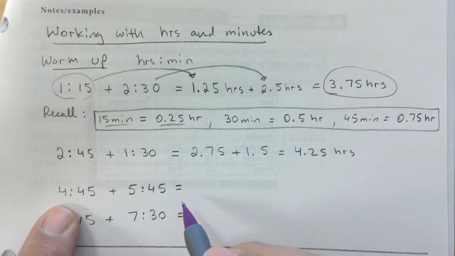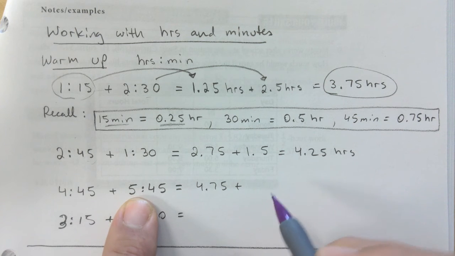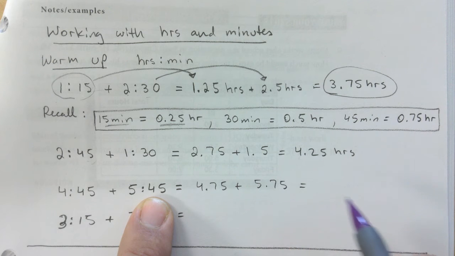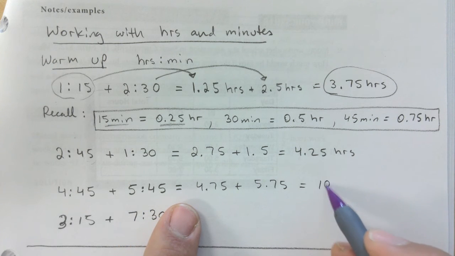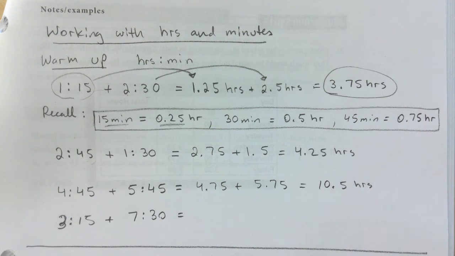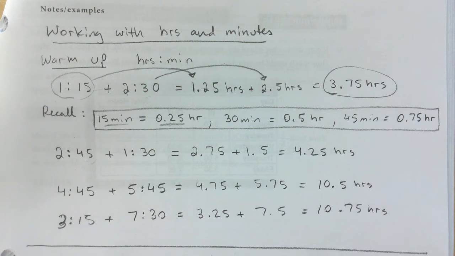Next, you have 4 and 45, so it'd be 4.75 plus 5 hours and 45 minutes, so that'd be 5.75. So that would be 10.5 hours, right? Then you have 3:15, that's 3.25 plus 7.5, and that is 10.75 hours. So if you were able to do that, you're in good shape, okay?